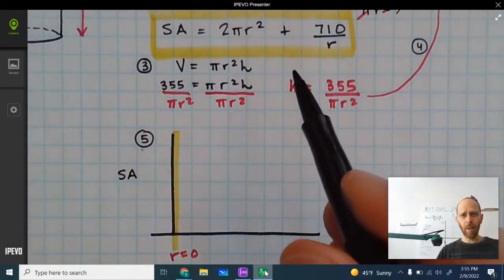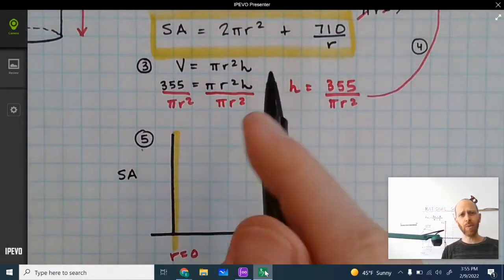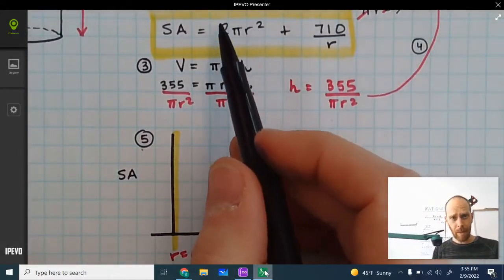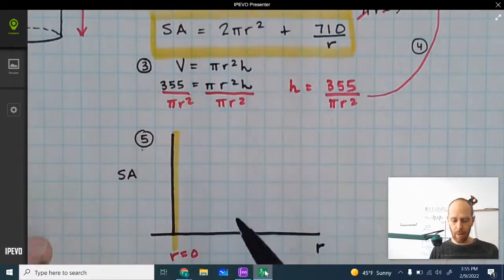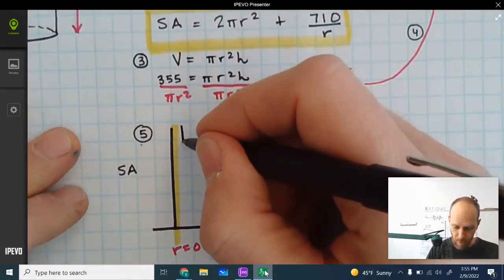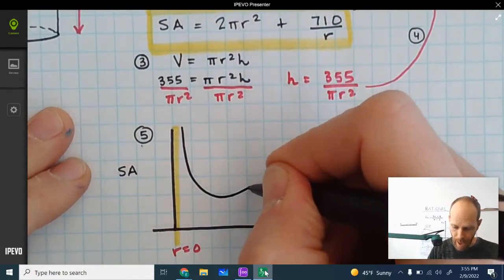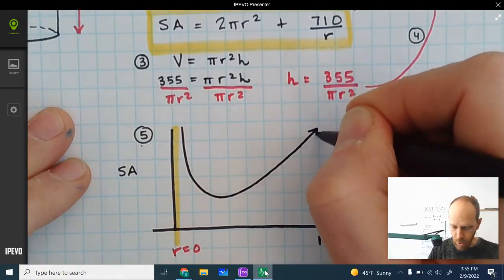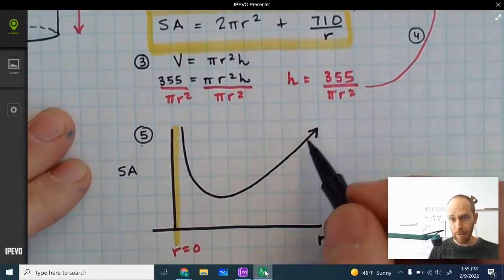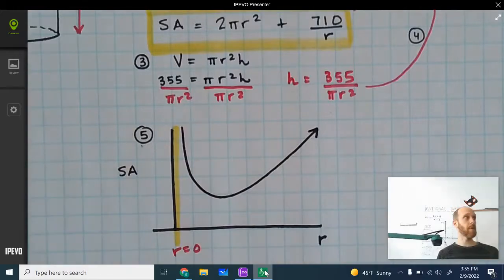I can also tell that as the radius gets really, really big, this term is going to grow really, really big. So our graph is going to have to drop and then head off to positive infinity as r becomes very large.